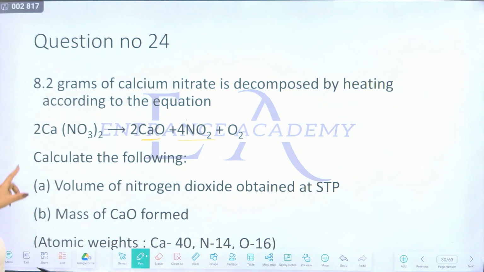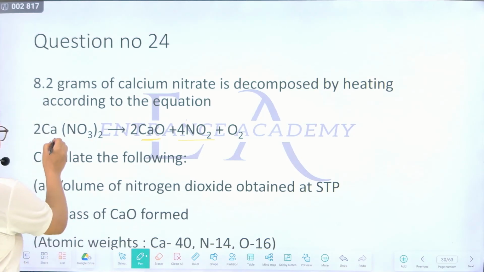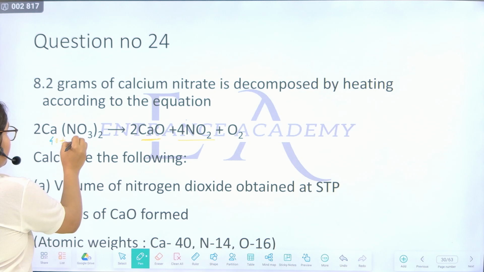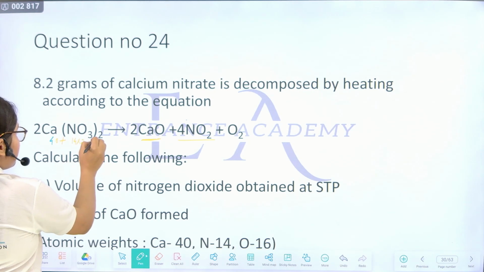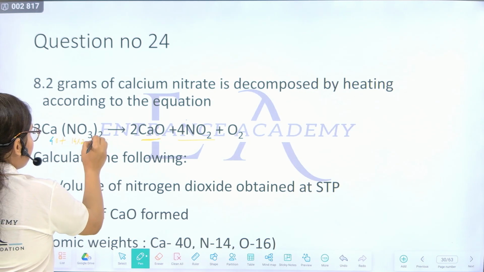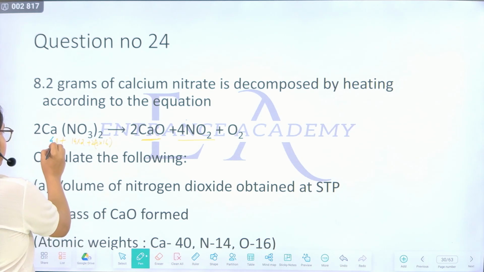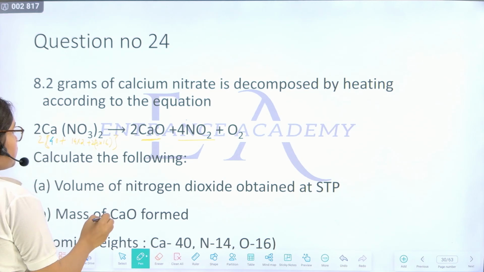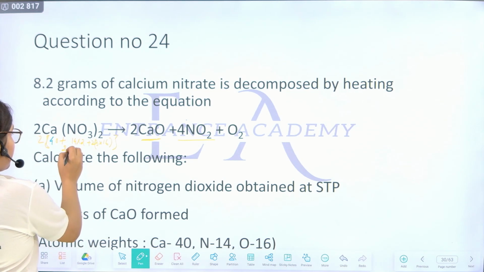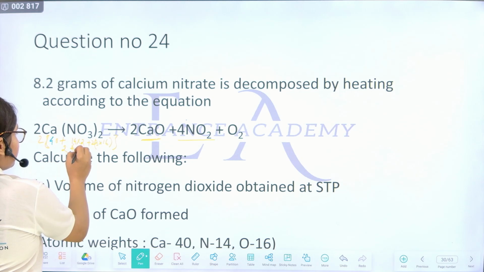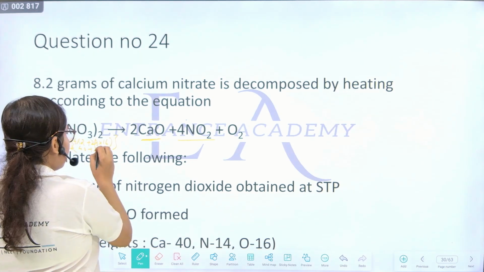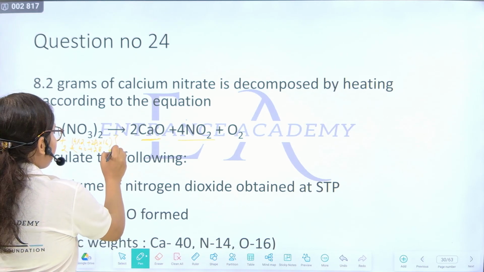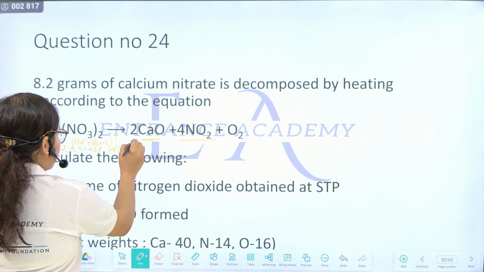So calcium nitrate is calcium given 40 plus, this is 14, so 14 into 2, plus 3 into 16 into 2, that is 2 plus 40, 28, 16.